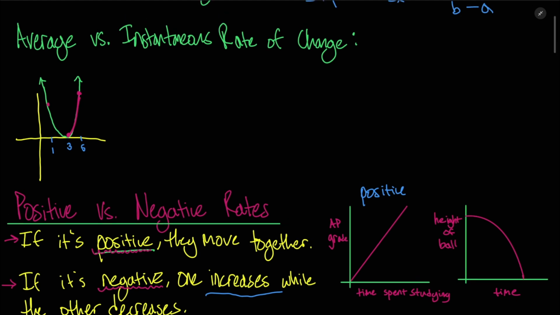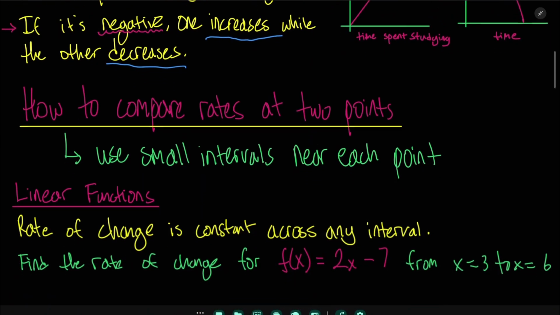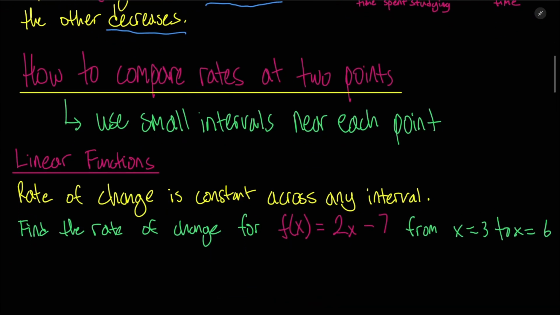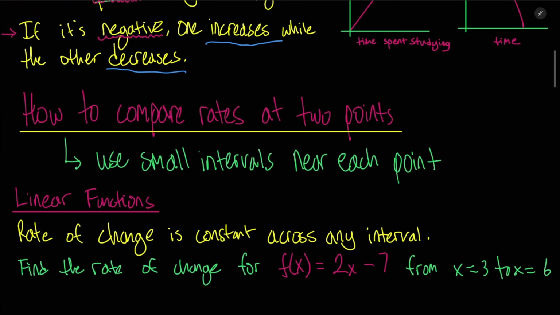Okay. Let's move on to how to compare rates at two different points. If you want to compare rates at two different points, you can calculate the average rate of change near each point. So let's say you're given like 3, 1, and then the other point is like 5, 8.